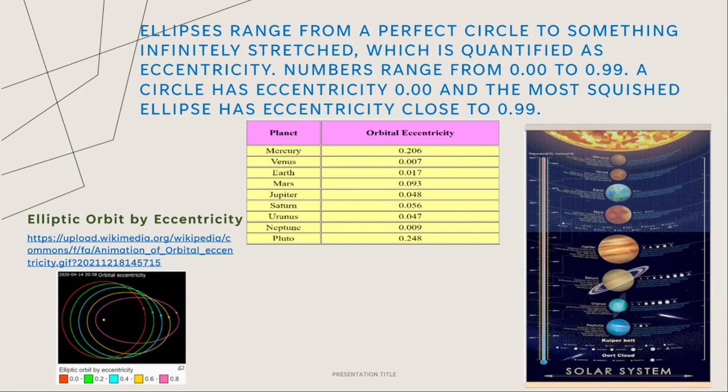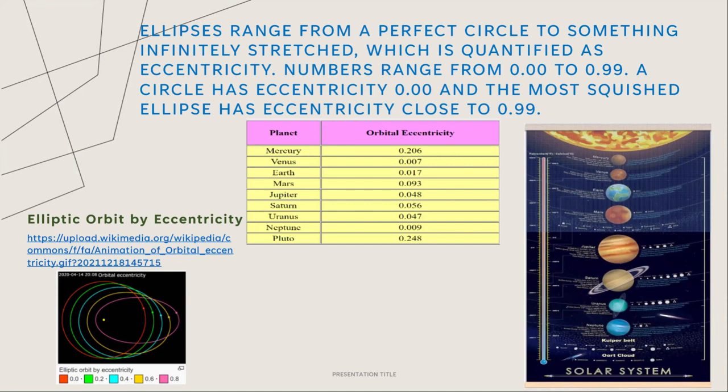Now, with regard to real-world situations, we have some examples from the planets. We have Mercury that has eccentricity 0.206, which is not far from being a circle. Venus is very close to being a circle if we are focusing on the shape.